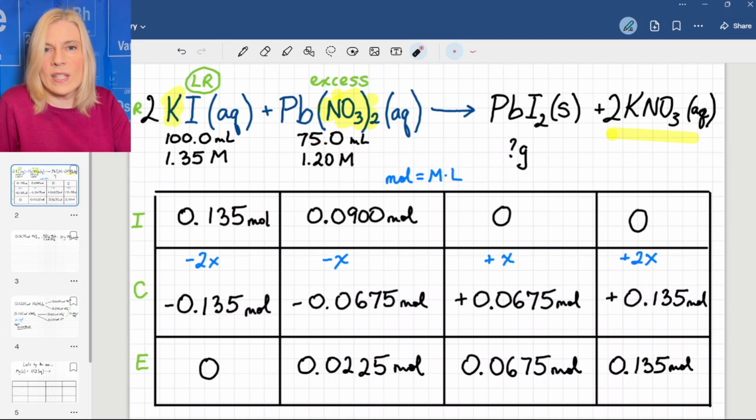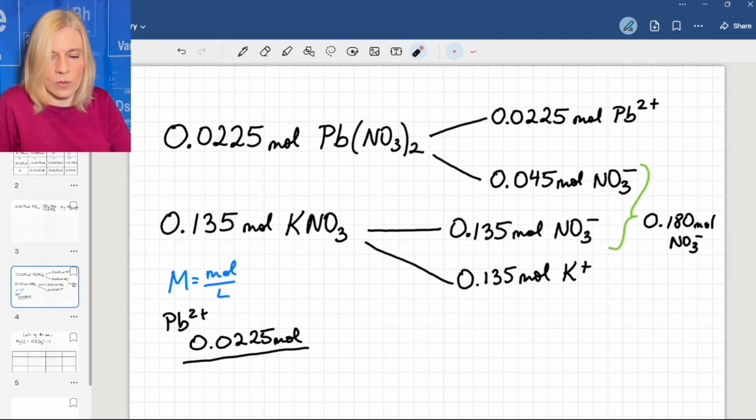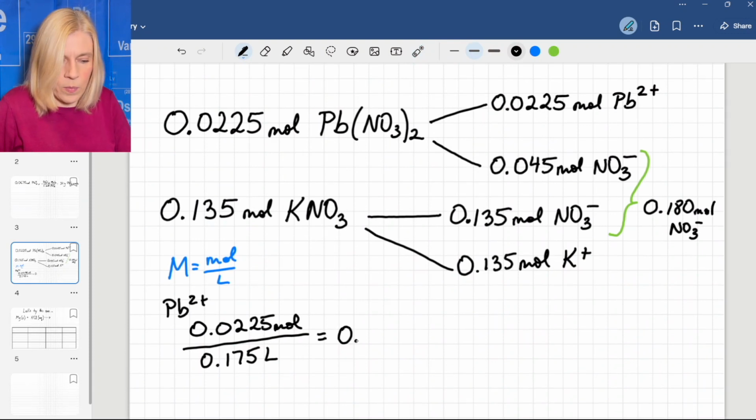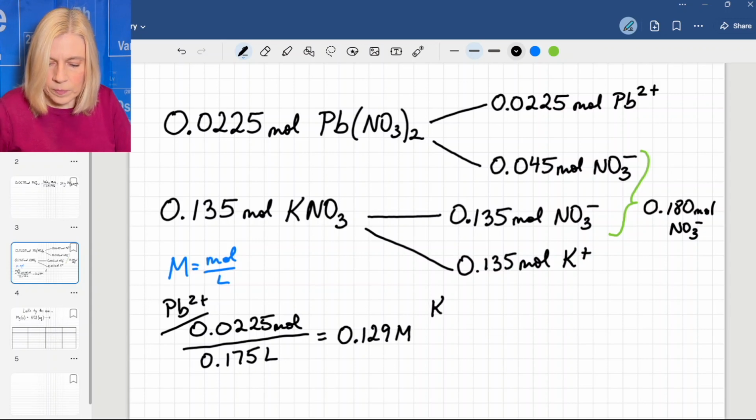So I have 175 milliliters total, which is 0.175 liters, and we stick this in a calculator, and we get 0.129 molar for lead.